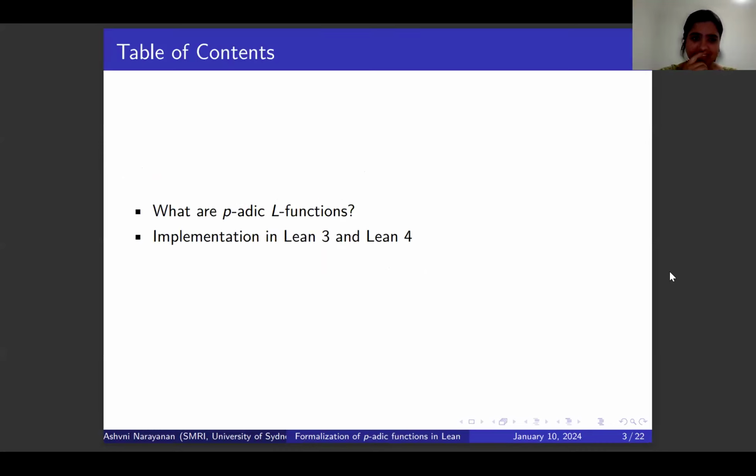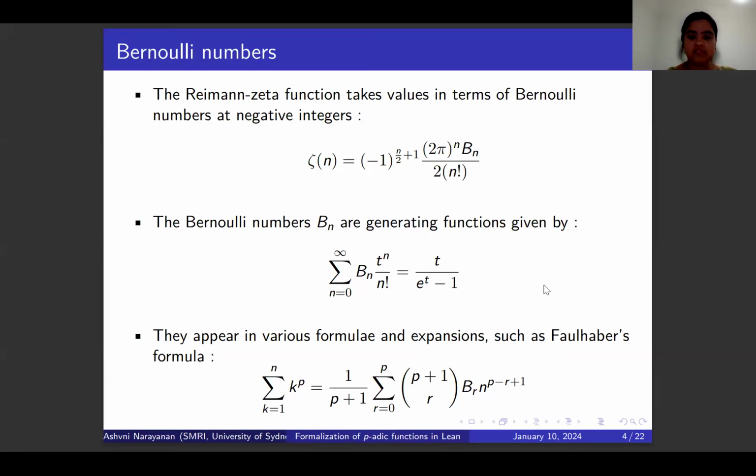But the interesting thing about them is that you'll see them everywhere in number theory and also in other spheres of mathematics. For example, one interesting formula is Faulhaber's formula, which tells you the sum of consecutive powers of consecutive numbers in terms of these Bernoulli numbers.